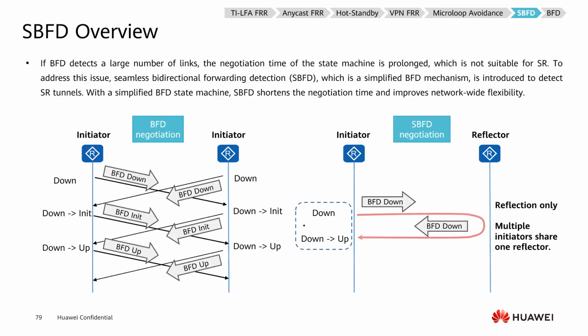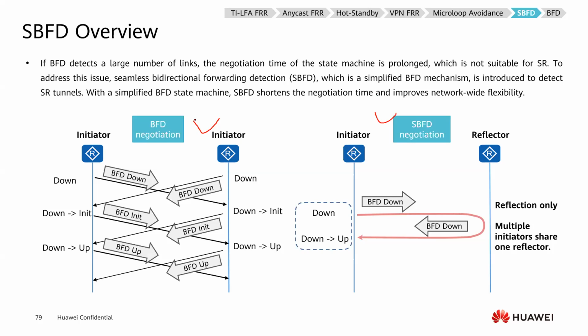Okay, so then let's move to BFD and SBFD. In SR, we must find some way to detect whether a link has a problem. We have two ways: we can use BFD or we can use SBFD.